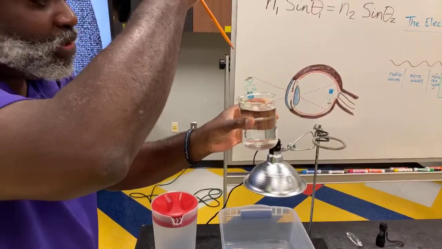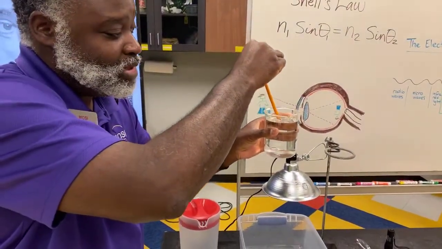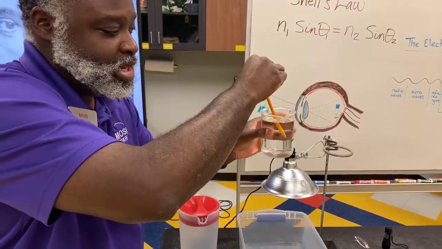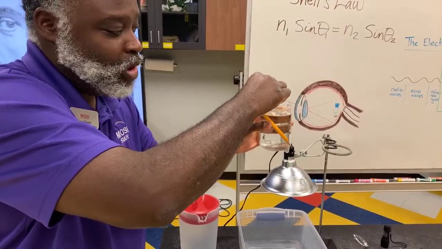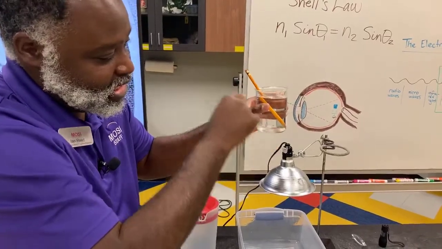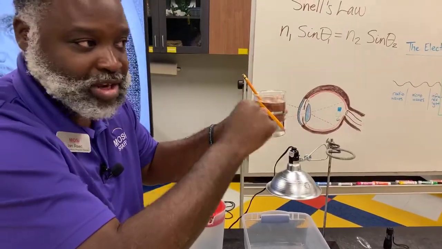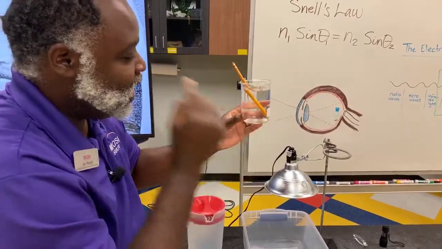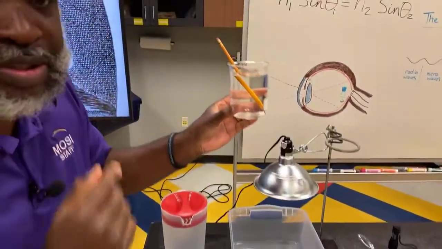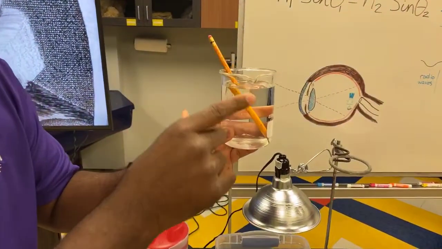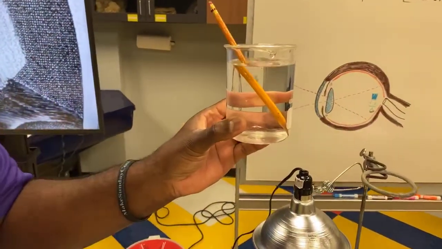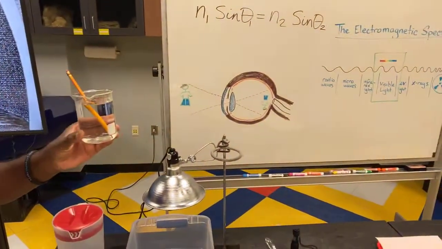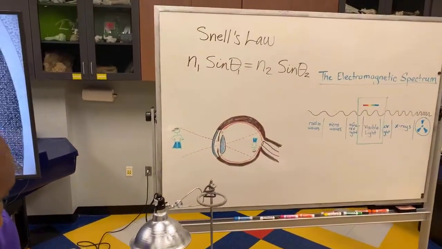Now once the pencil goes into the water, it's no longer just in the air, it's now in the water. And so it's creating, again, that different sort of angle. And so what you are seeing back in your eye, remember your eyes are giving this information to your brain saying that it looks bigger. And that is Snell's law, all right? It's all about the angles and how you're able to visualize things.